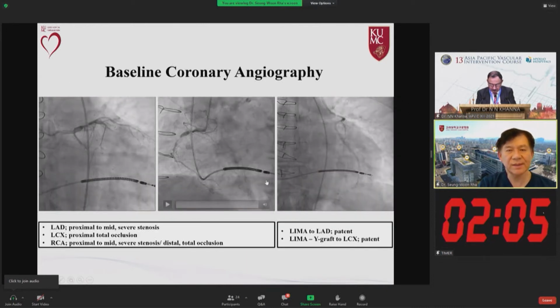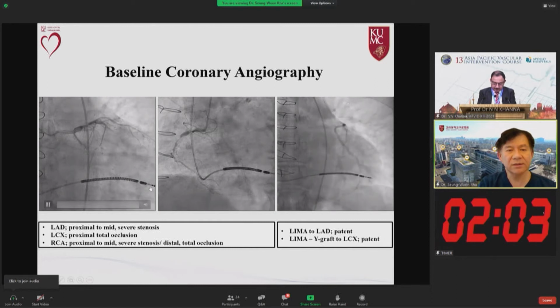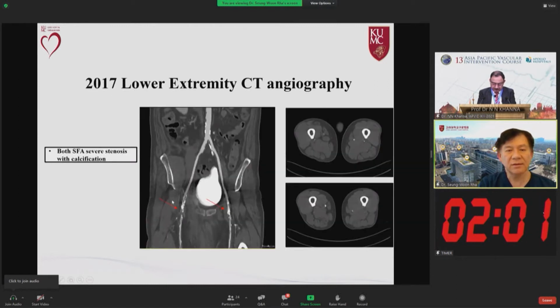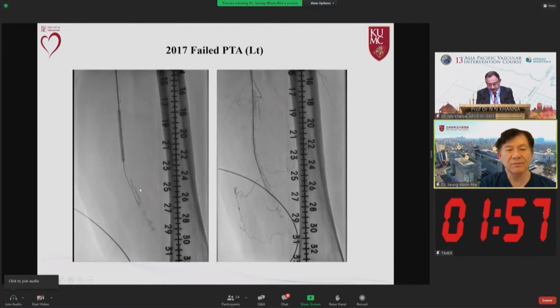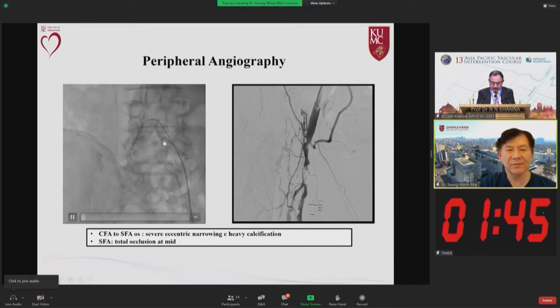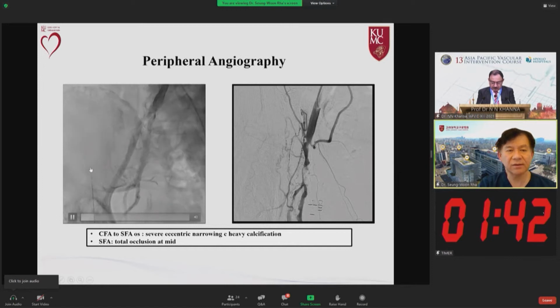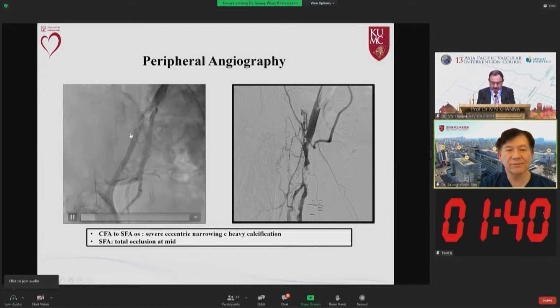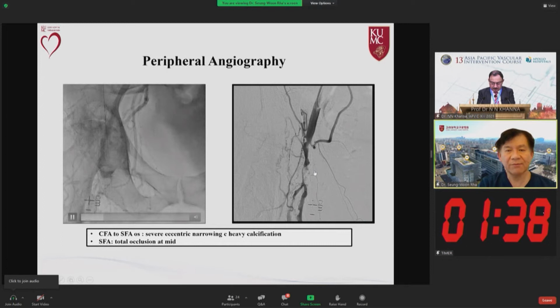In this previous CABG patient, you can see the dense calcium in both SFAs. In another hospital in 2017, even wire crossing failed due to right SFA calcification. This time, on peripheral angiography, you can see the dense calcium in the SFA and common femoral bifurcation area.